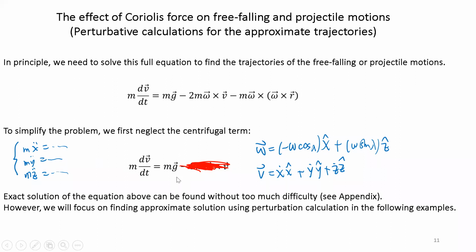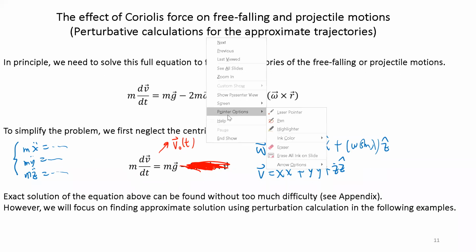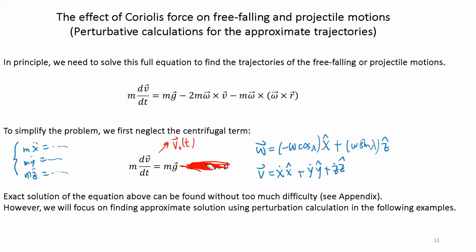So that is what we solve out. Let's say we already have a solution like this. I call this V naught of t. And now I'm going to consider this term.